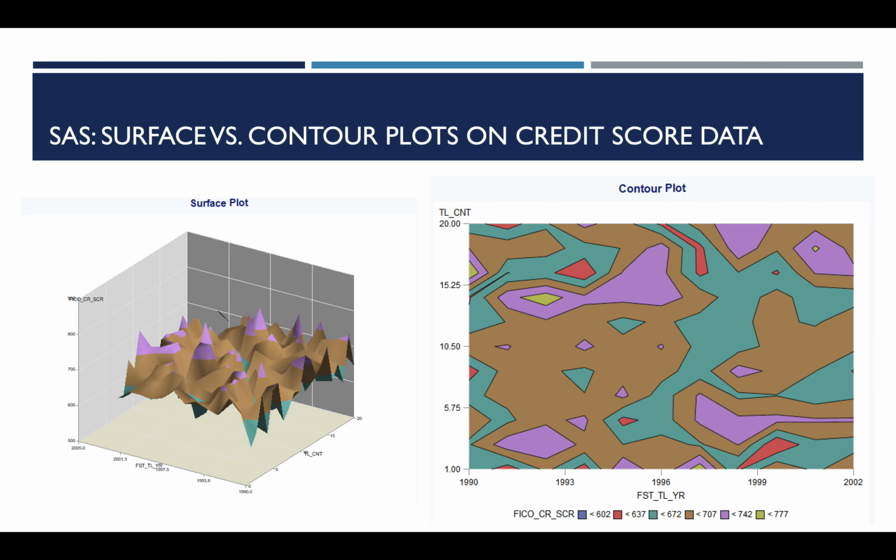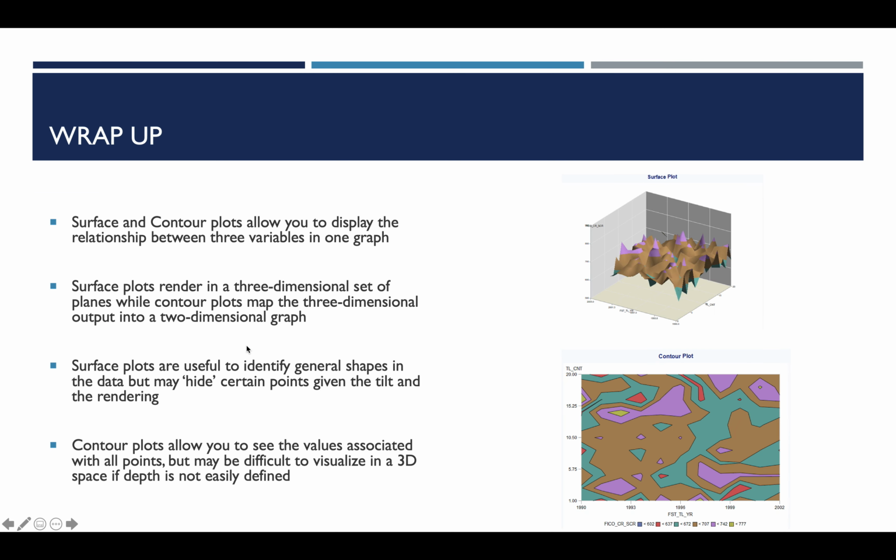So as you can see, looking at them side by side, it is pretty clear that while my contour plot is not as fancy looking, it gives me more information that I can actually give to somebody, and it's a little bit easier to understand than trying to figure out what the hidden values behind these peaks might represent.